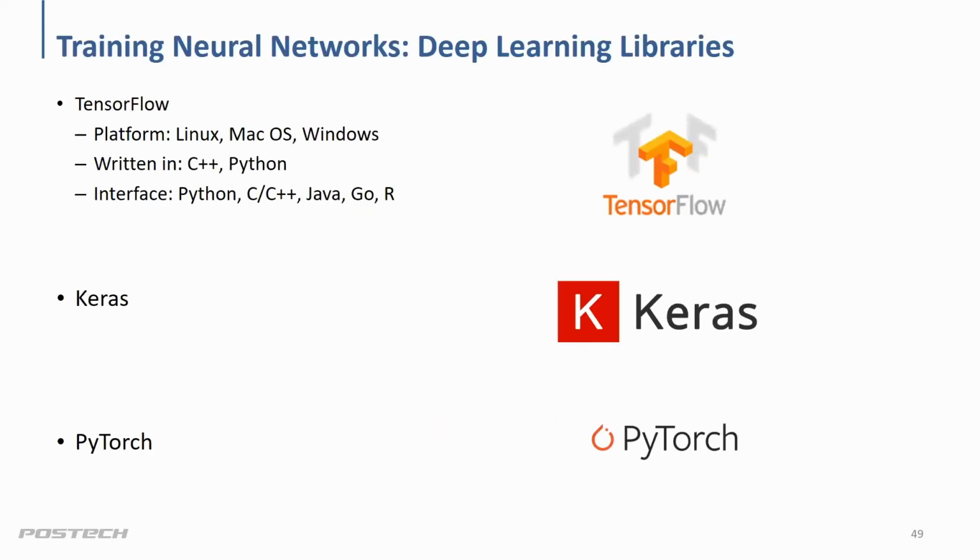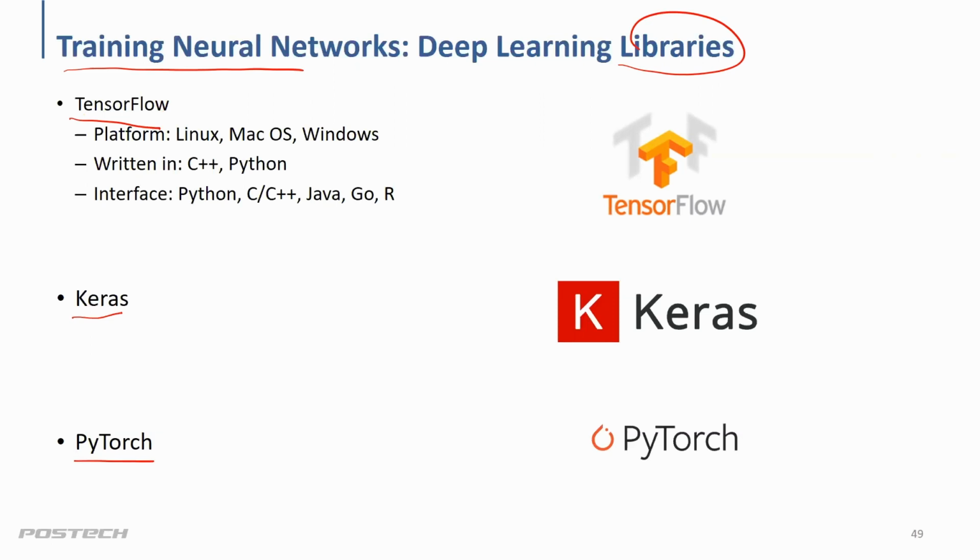So as you might know, in order to train a neural net, there are many different libraries for deep learning, and probably the most famous ones are TensorFlow, Keras and PyTorch.